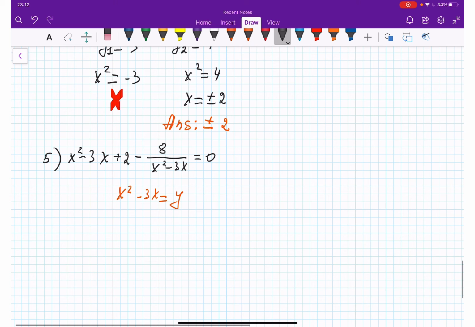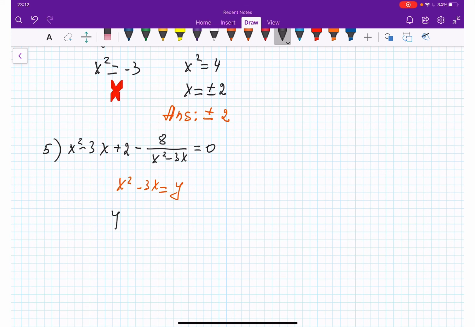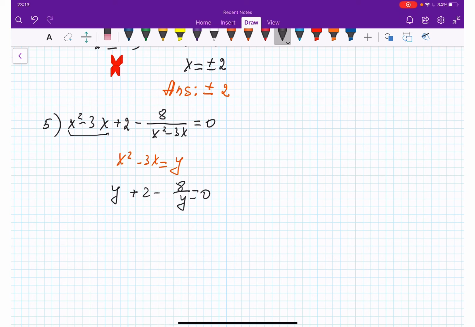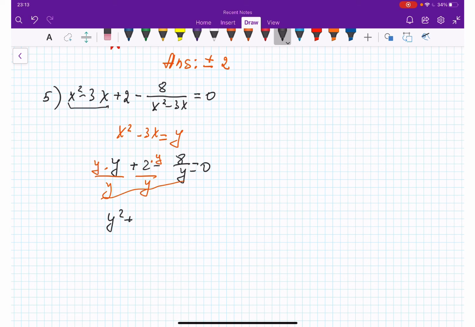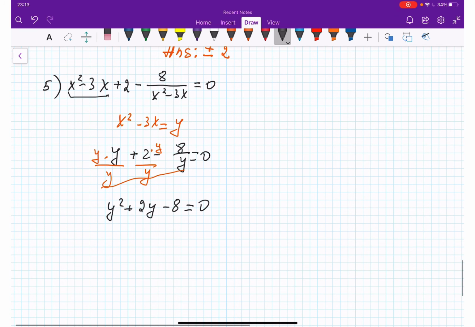So from here we are getting y plus 2 minus 8 over y is equal 0. Getting rid of the common denominator, multiplying by y and dropping the denominator, we are getting y squared plus 2y minus 8 is equal 0.